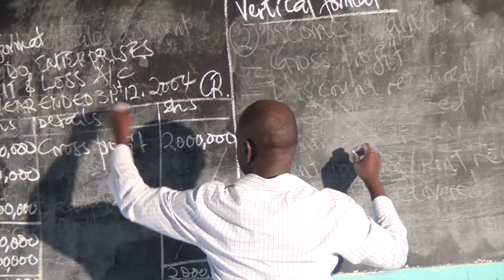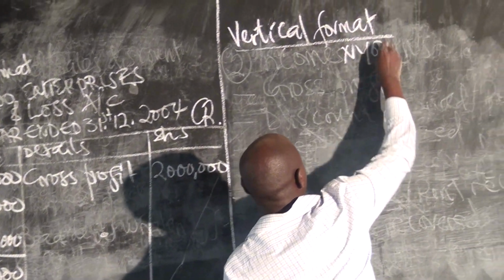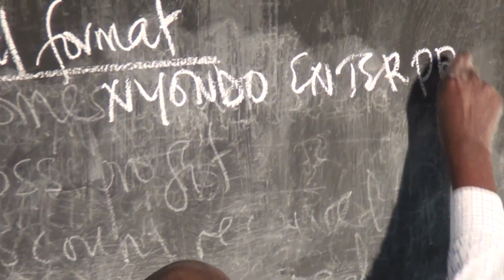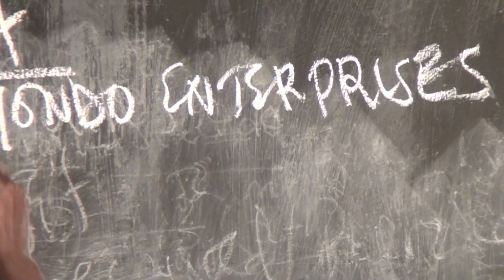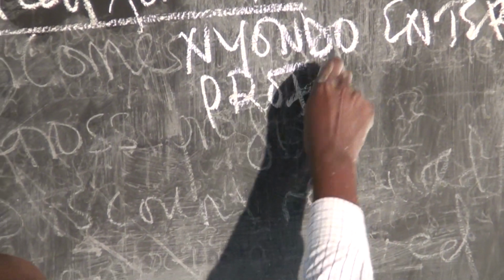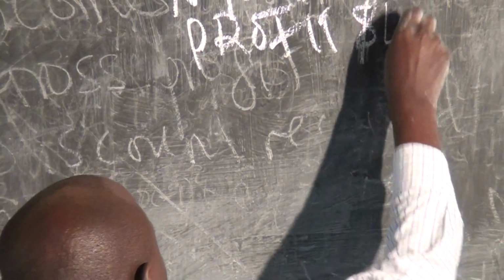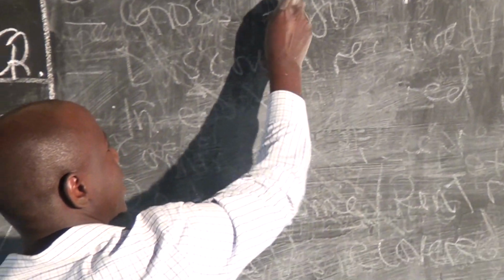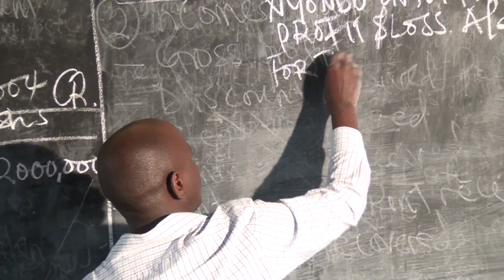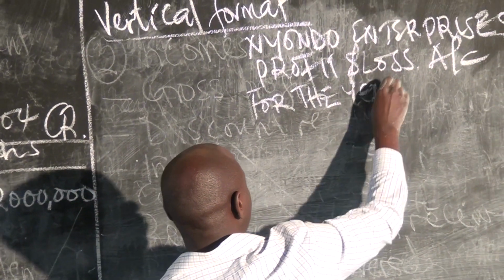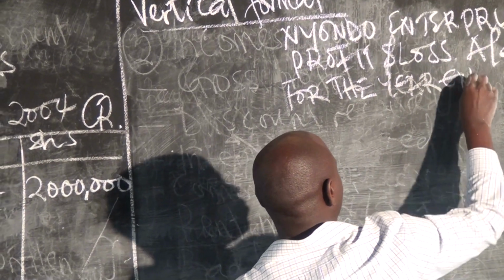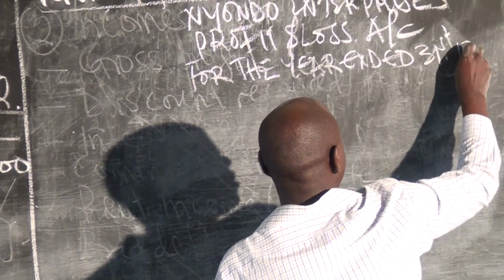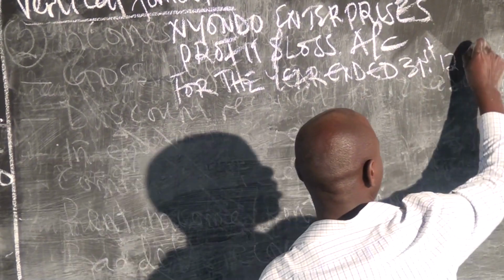Again, we start with the title, Nyondo Enterprises, profit and loss account for the year ended 31st December 2004.